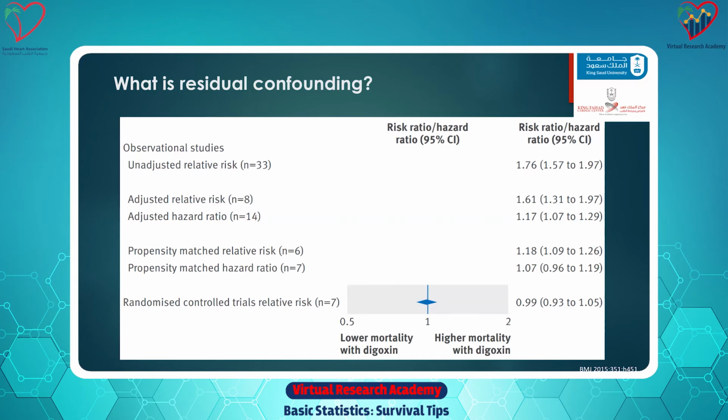They found that there was no association in the randomized clinical trials, the biggest one being the DIG trial. There's a clear, strong association with mortality in the unadjusted analysis. And we explained why that is, because we do prescribe digoxin in sicker patients. What's really interesting, though, is that when they looked at adjusted analysis, it was all the way from very similar to unadjusted analysis to very similar to randomized clinical trials.